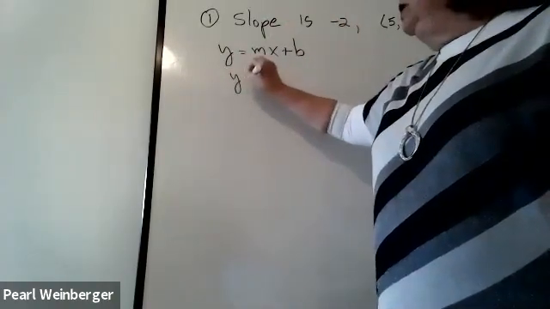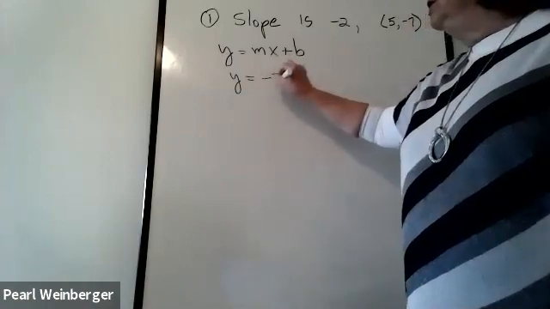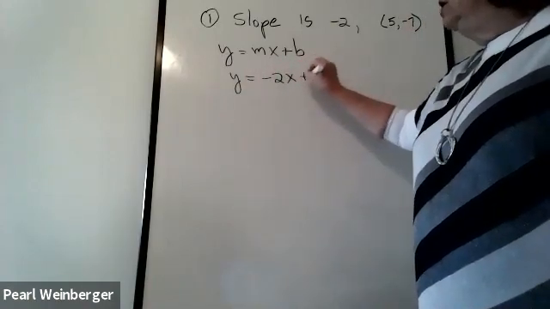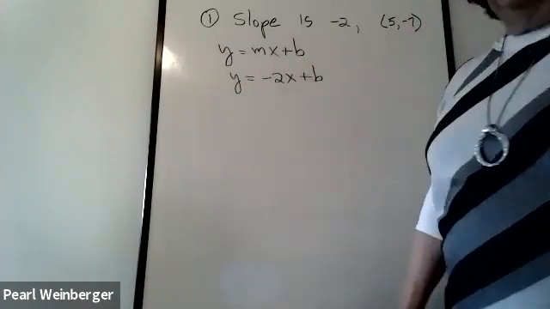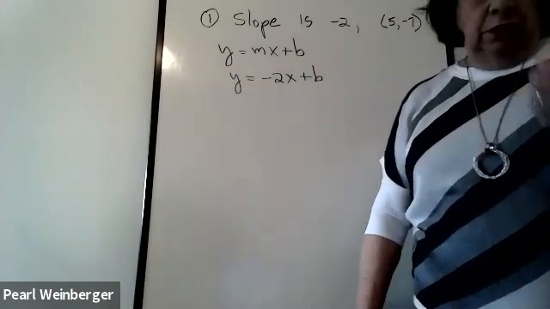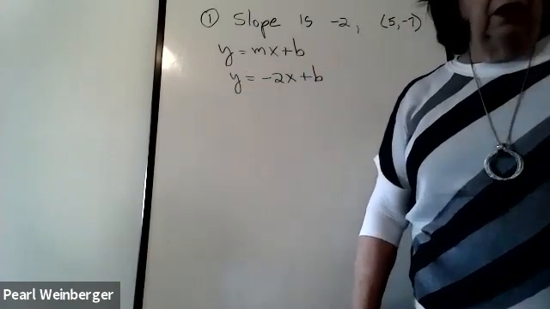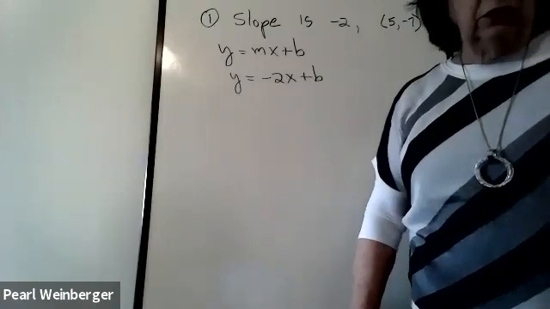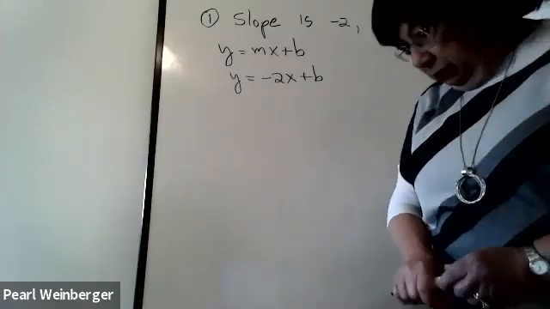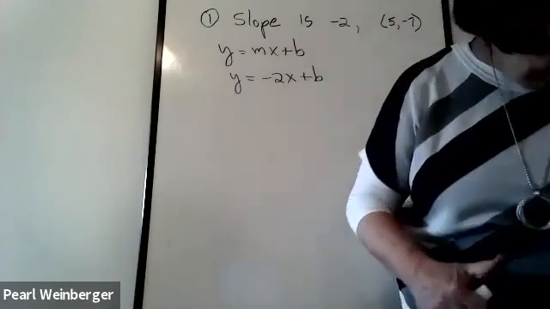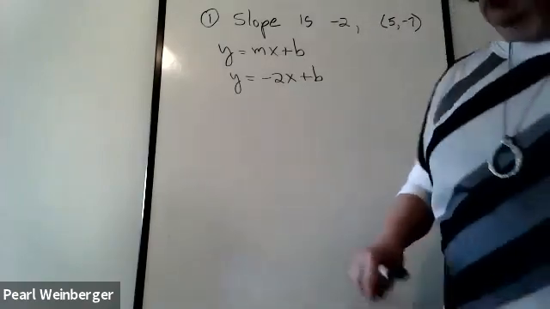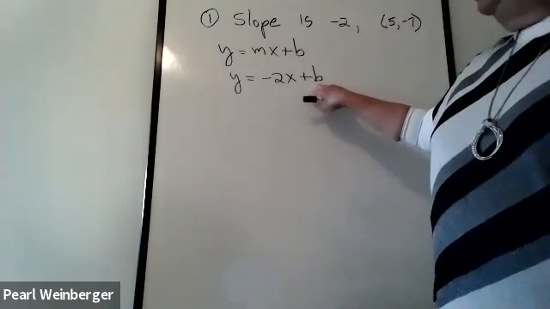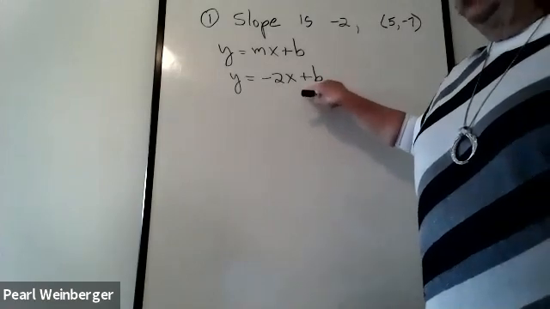So my equation of my line is going to be y equals -2x plus b. We always start by putting in the number that is the slope of the line, and then try to find the y-intercept.